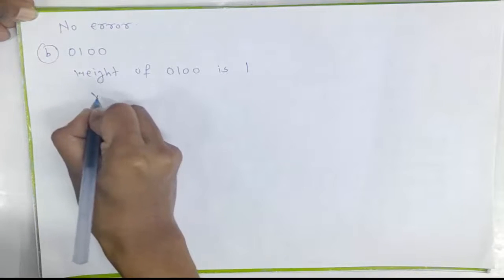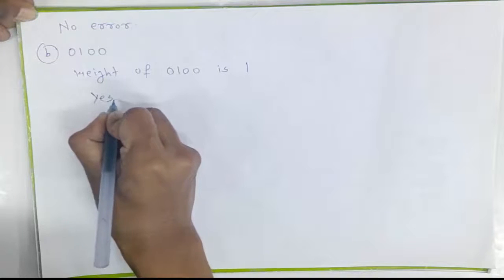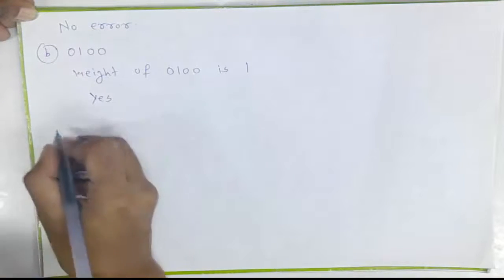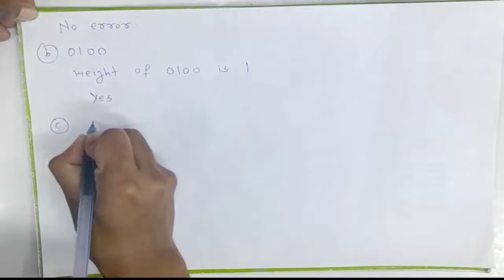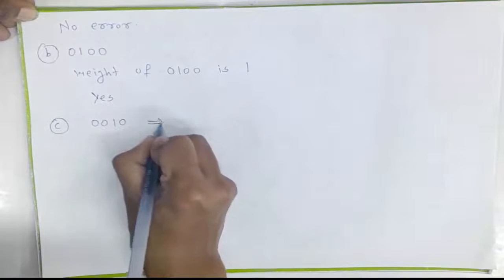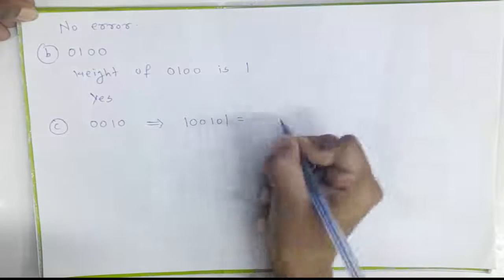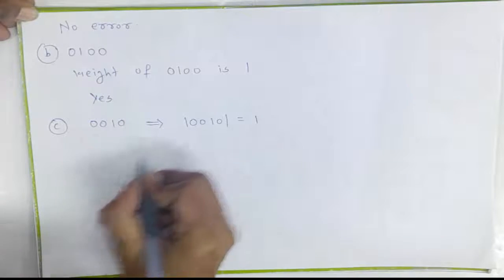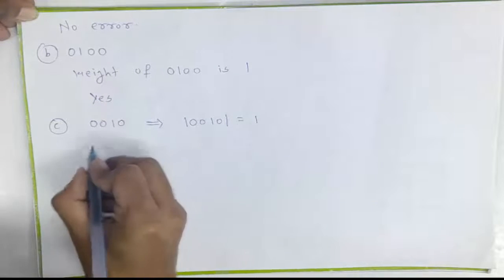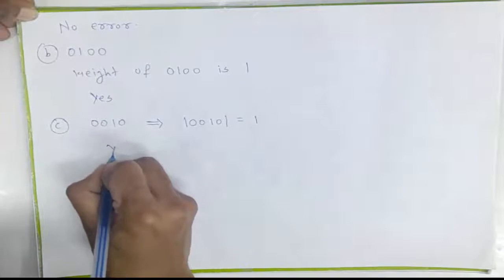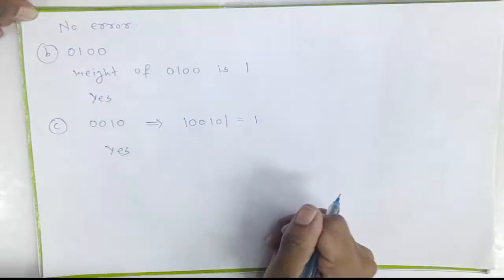So yes, error will be detected. Now C, 0010. So here again the weight of 0010 is 1, hence error is detected. Yes, error detected.